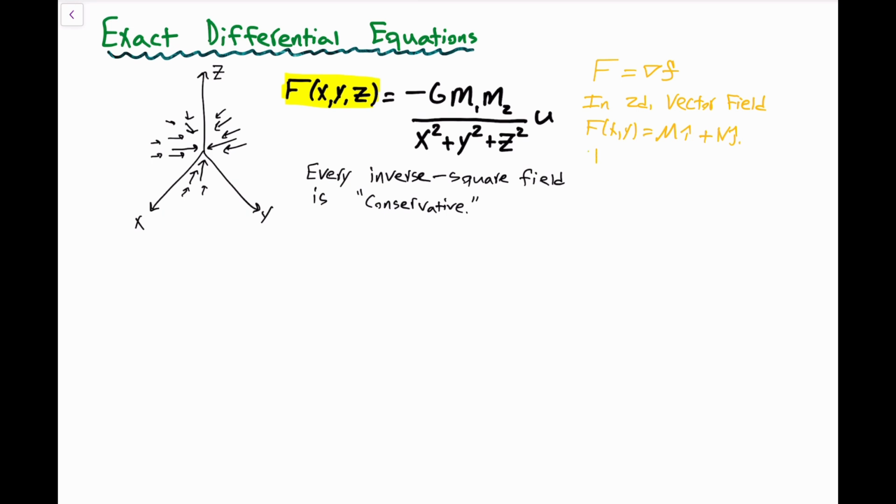That vector field is conservative if and only if the partial derivative of M with respect to y is equal to the partial derivative of N with respect to x. If that holds, we have a conservative vector field, and that is key. And every exact differential equation will maintain that equality.